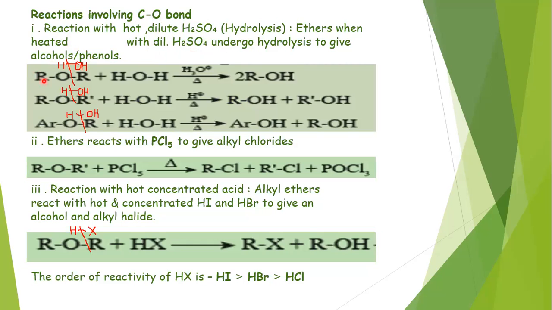See, this is the first example, ROR, a symmetrical ether. When it reacts with HOH in presence of H plus ion, that is in presence of dilute acid, what happens?